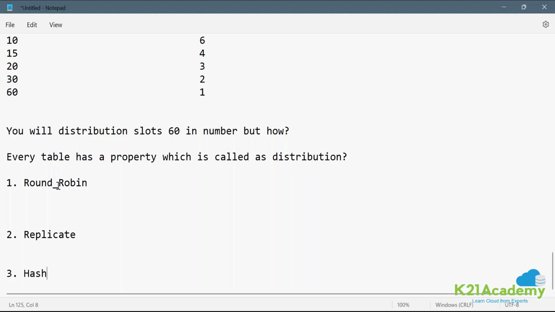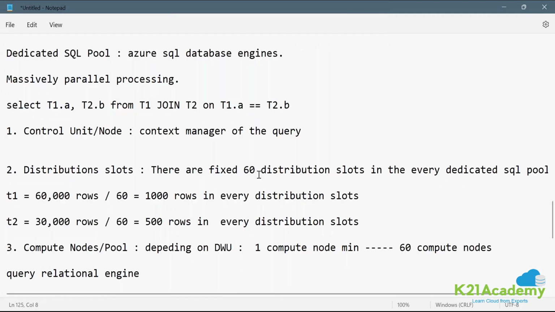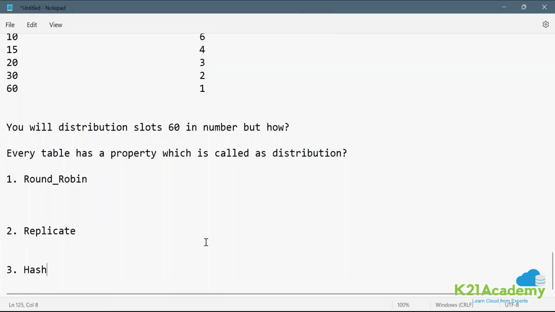They decide how the rows of that table are filled in the buckets. Rows will be divided into 60 equal parts, but how will they be divided and how will they be filled? It depends on this property. Round robin is used for loading from external sources.